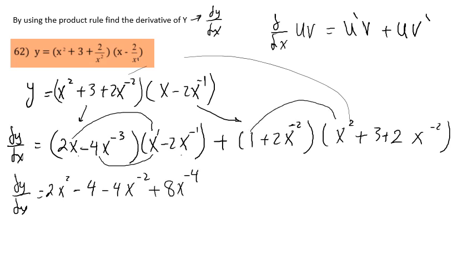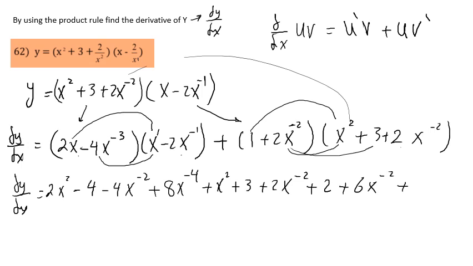Then 1 by x squared is x squared plus 3 plus 2x power negative 2, and then 2x squared by x squared is 2, 2x squared by 3 is 6x power negative 2, 2 by 2 is 4x to the power of negative 4. So I have 8x power negative 4 and 4x power negative 4, which is 12x power negative 4.